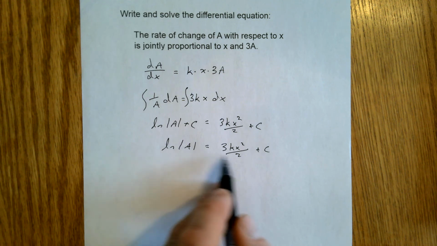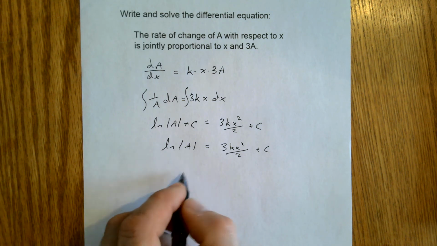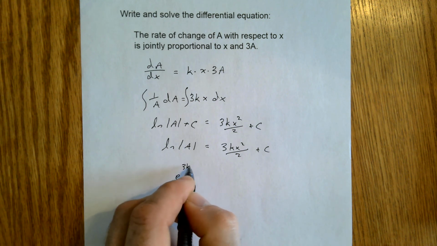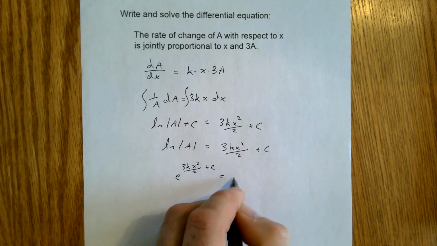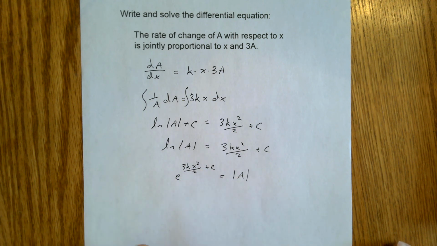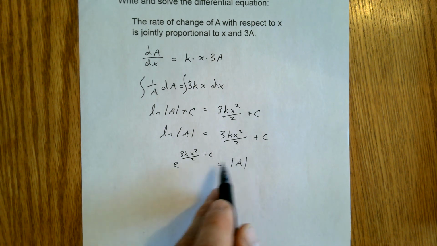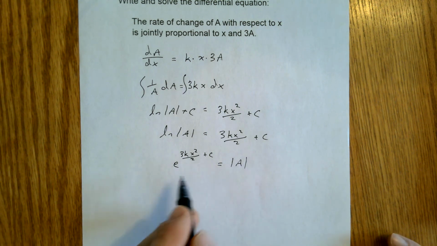I can solve by changing this logarithmic equation into an exponential equation. So I have e to the 3kx squared over 2 plus c equals the absolute value of a. Again, I have an exponential equal to the absolute value. I know that an exponential is always going to be positive, so I can drop the absolute value.